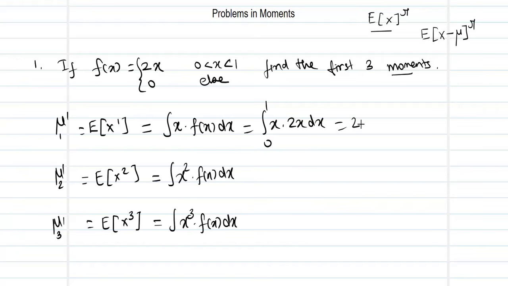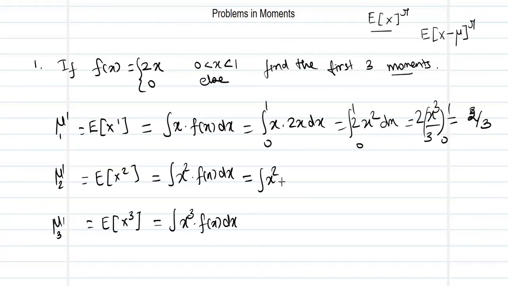So we have 2x square; on integration, dx between 0 to 1 gives you 2 into x cube by 3 between the limits 0 to 1. When we apply the limit, it equals 2 divided by 3. Now let us move on to the second order moment, which is the integral of x square into f of x, where f of x is 2x, dx between the limits 0 to 1.